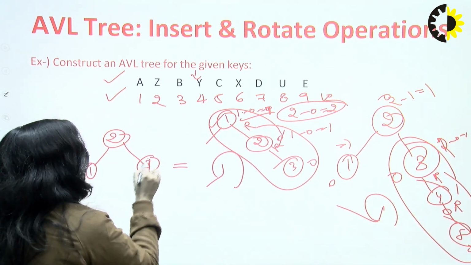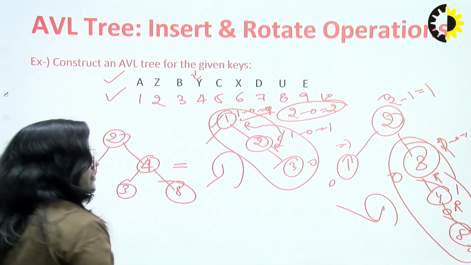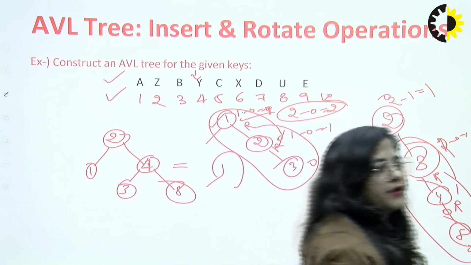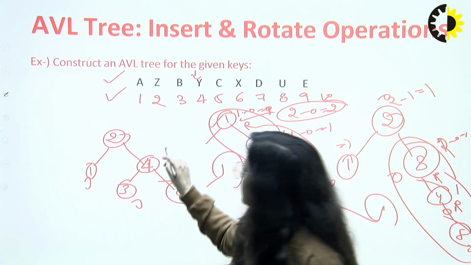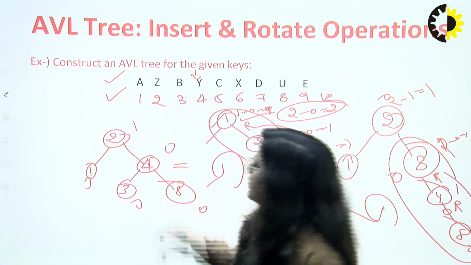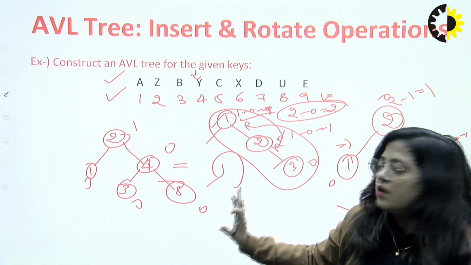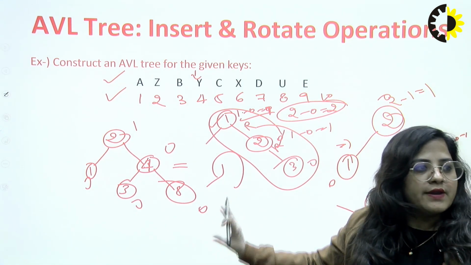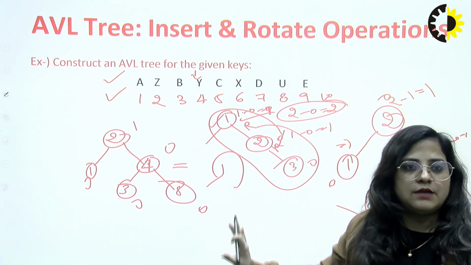So it is 4, now 3 will come and 5 will come. Now check the balance factor of each node again: 0, 0, 0, and this is 0, and 2 minus 1 is 1. So now the balance factor values are 1 and 0. So this tree is an AVL tree, meaning a totally height balanced tree.